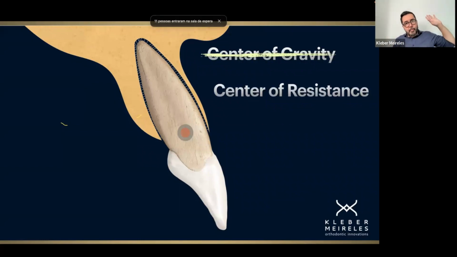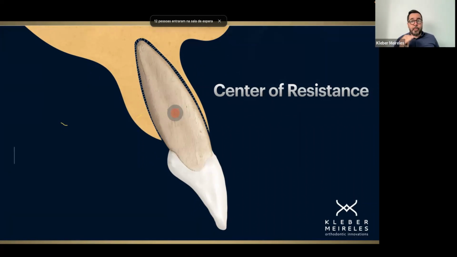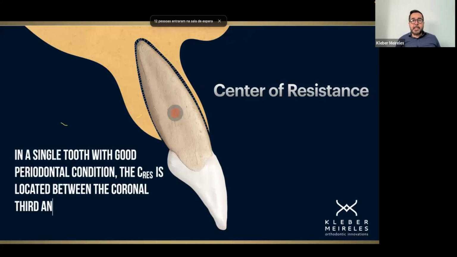We know that for one tooth, we have one specific center of resistance, and it will depend on some aspects. For example, the size of the root, the length of this root, and the shape of it, the bone attachment, the gingival attachment. So it will vary a little bit depending on this.